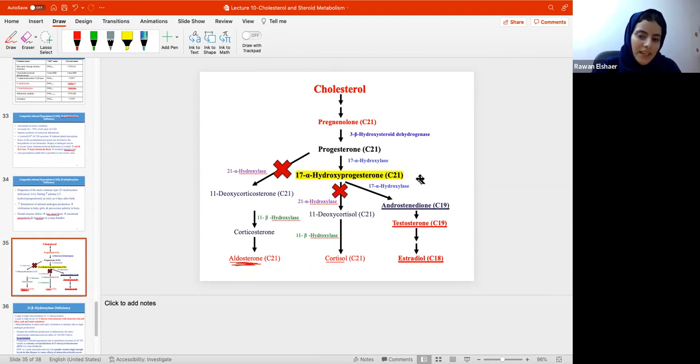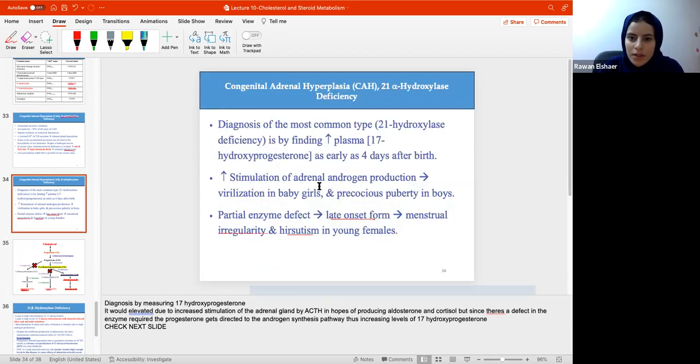So they measure this 17 alpha hydroxyprogesterone in the blood, and when it's very high, that's how they know she has congenital adrenal hyperplasia due to 21 alpha hydroxylase deficiency.